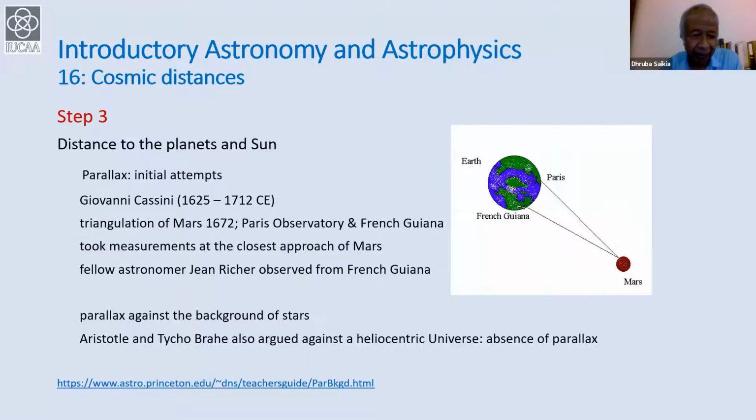In fact, even to keep accurate timekeeping, they had looked at the phases of the moons of Jupiter, and they observed parallax against the background of stars. And here, while mentioning parallax, it's also probably worth mentioning that Aristotle and even Tycho Brahe, many hundreds of years later, argued against a heliocentric universe, because they said that if the Earth is moving around the sun, then one should be able to observe parallaxes of the stars.